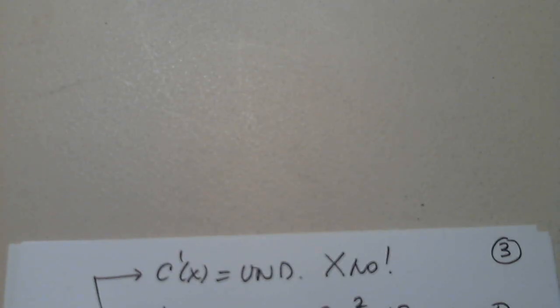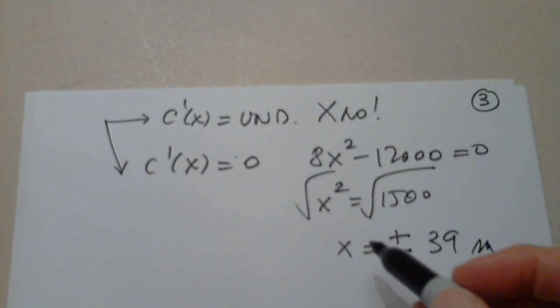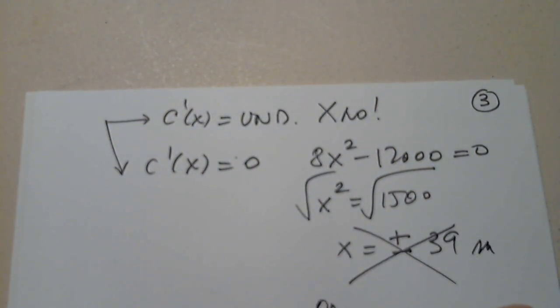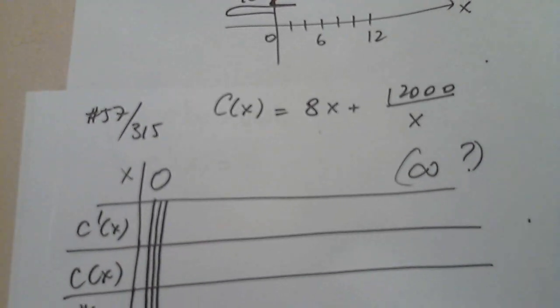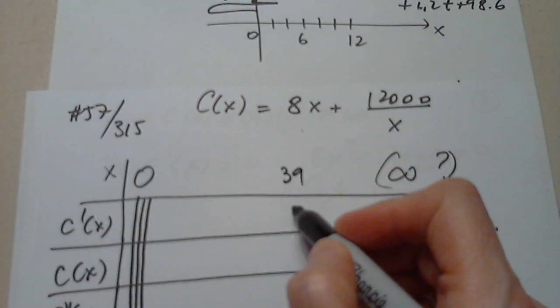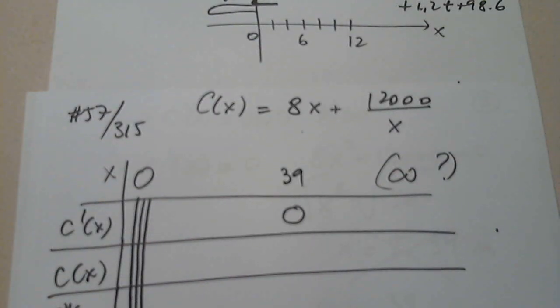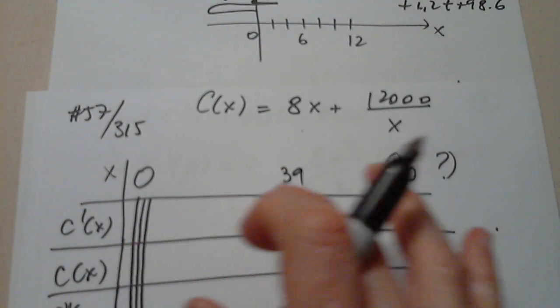They were giving us the measurement unit in meters, okay. And of course, I'm going to cross it out and just say 39. So I put 39 in the table. I put 0. I have to study the sign.